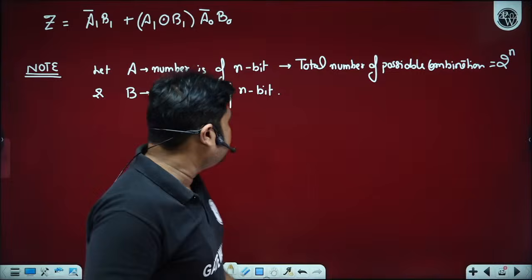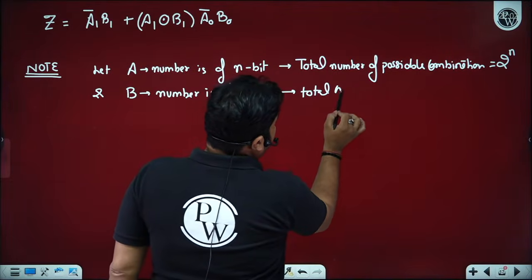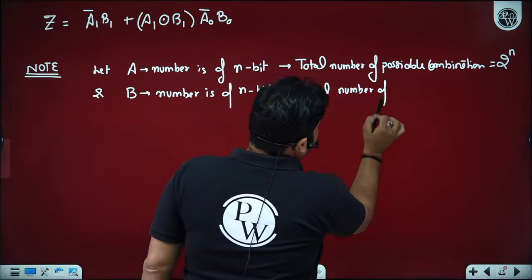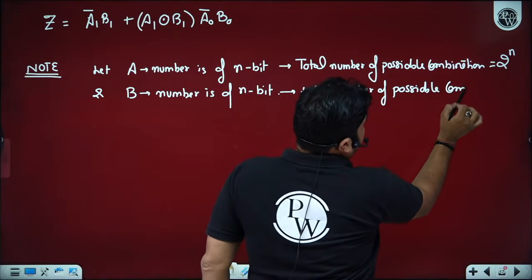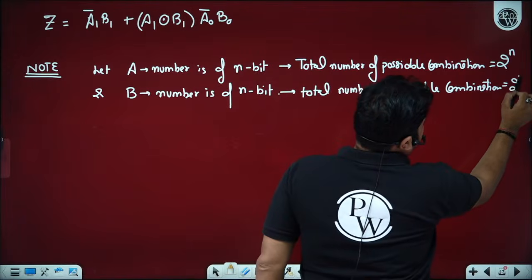Is it okay? In the same way, for number B of n bits, the total number of possible combinations is 2 to the power n.